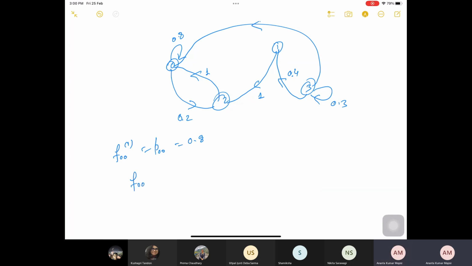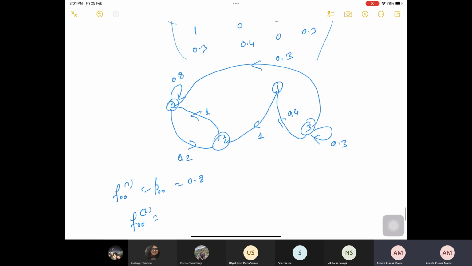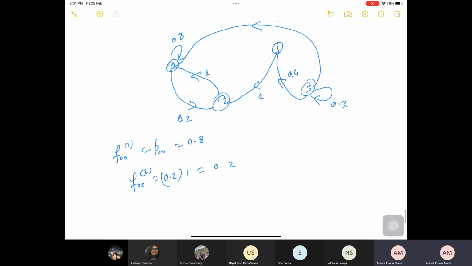So what is my f_00^(2)? That means starting with state 0, it reaches state 0 for the first time in two steps. From 0, it can go to 2, and then from 2 back to 0. So this is probability 0.2, and then 2 to 0 with probability 1.